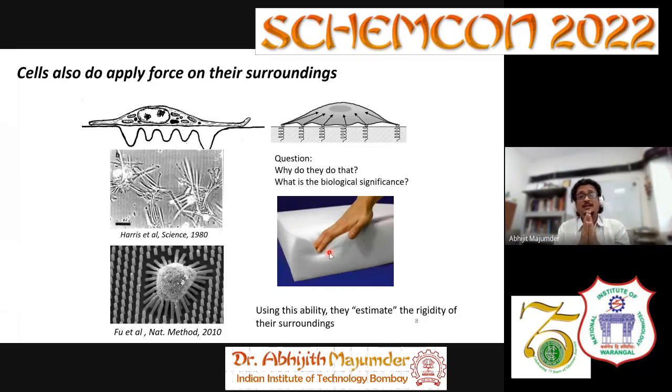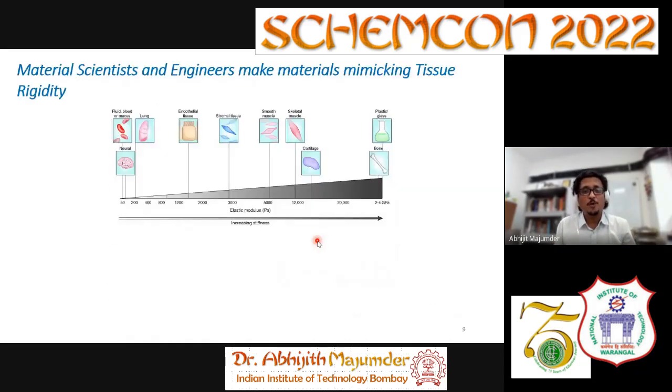But if the surrounding is soft, then with the same amount of applied force, the surrounding will deform a lot. And why is this measurement of the surrounding stiffness important? To understand that, we have to look at the stiffness of the different tissues in our body.